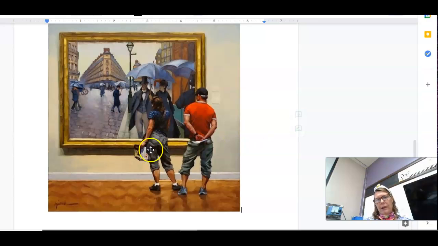Obviously it looks like they might be tourists, or they have a brochure here. He has one too in his hands. It probably looks like it's in a museum because this painting is really big. Normally those are in museums, not in stores or office buildings, and usually not in people's homes.